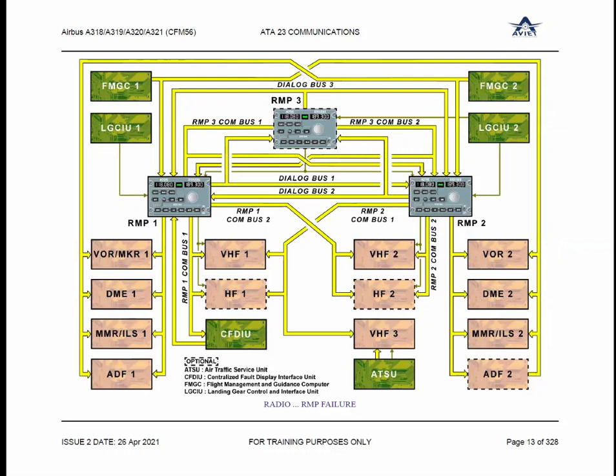If you see the diagram, RMP1 is connected to its respective side, as well as to the opposite side by another communication bus. Similarly, RMP2 is connected to its own side and also to the opposite side.